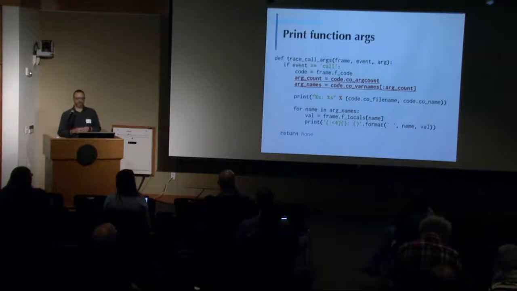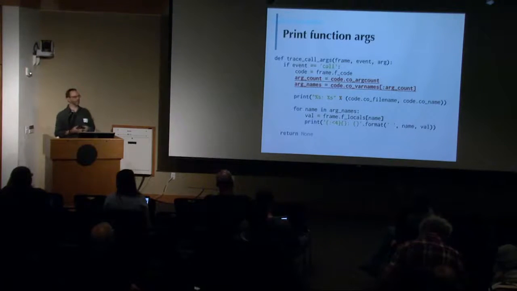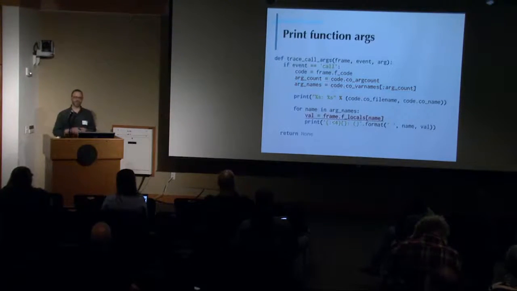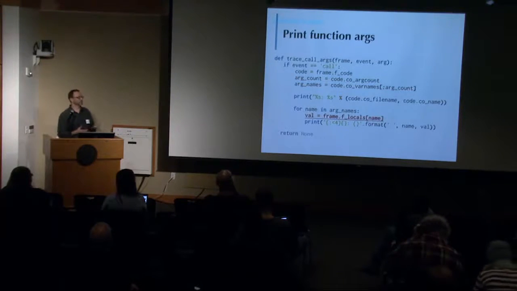The way we're going to access this information is that there is a co_argcount attribute on the code object. That's going to tell us the number of arguments that were passed in. The co_varnames gives you the names of all of the arguments and the names of the locally defined variables. So we will just slice off the beginning so that we can get the ones that are the arguments. And then we'll go ahead and look up the values in the locals dictionary on the frame.